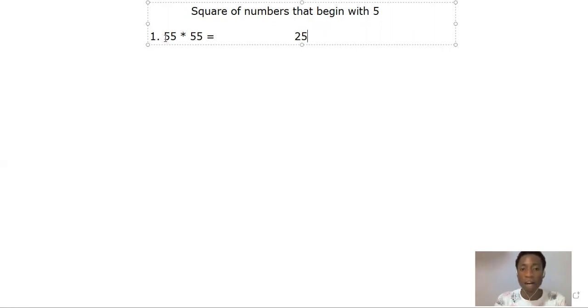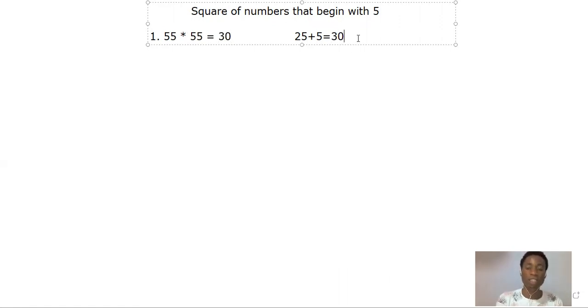The number after the 5 is what we select now. What number do we have after the 5? It's 5 because we have 55. So add the number to 25. What do we have? We have 25 here, so we have 30. So this comes here and it becomes 30.